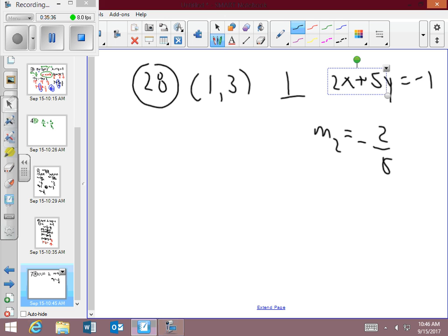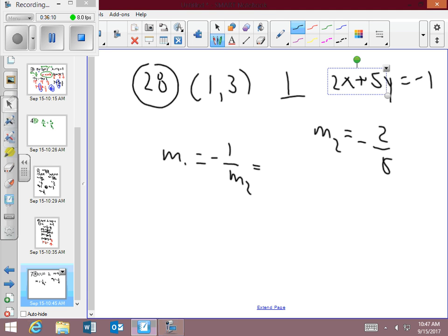Now, that's the slope of that line. What's the slope of this line? What does it say the slope m1 has to be? It's got to be what? This line's got to be what in relation to that? Perpendicular, right? So what you have to do is negative 1 over m2, the negative reciprocal.